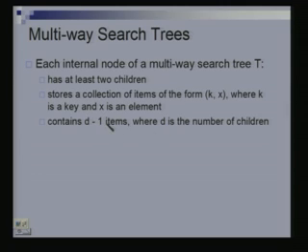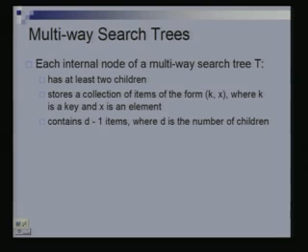In particular, there could be d minus 1 such pairs or items, where d is the number of children that particular node has. We are just generalizing binary search trees. In a binary search tree, each node could have 2 children, and then there is only one key kept in the node, because that key helps us determine if we should go left or right.